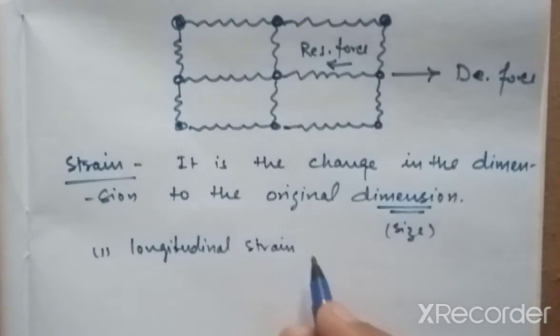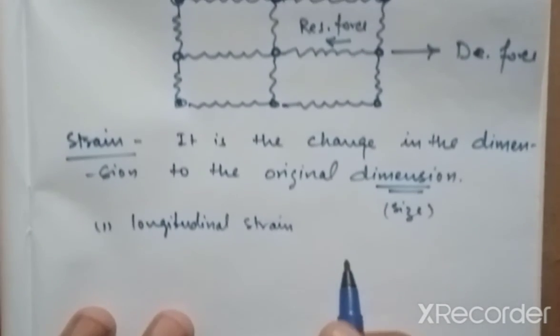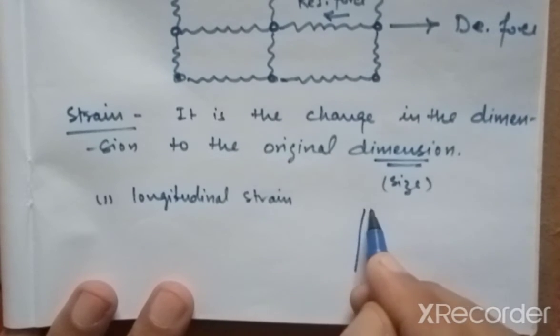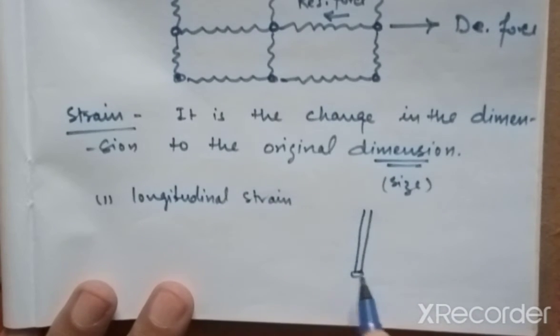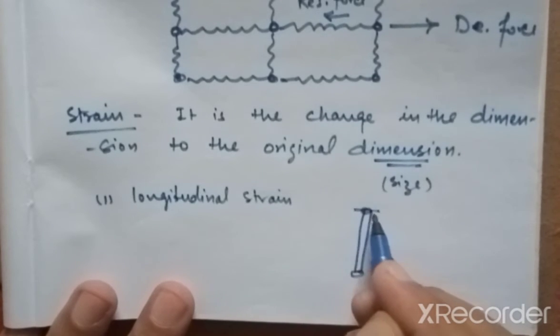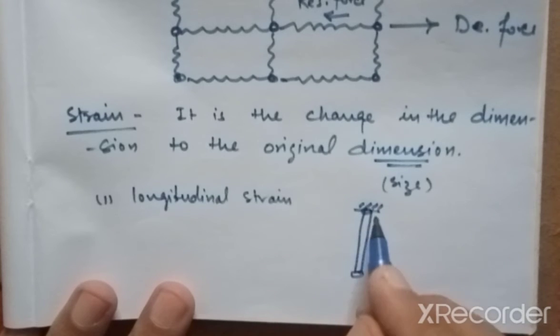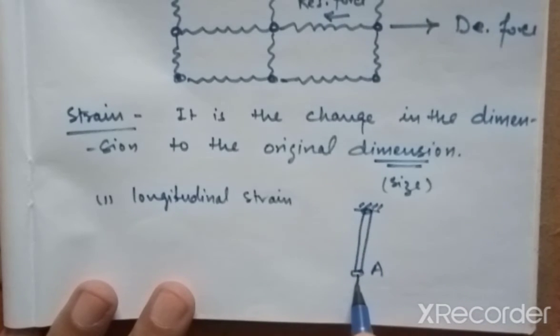A very good diagram is given for the longitudinal strain in the textbook. That is for a wire. Here we draw a wire to show its cross-section area also A, and one end suspended freely from the roof. Some weight is applied, so there is some force.